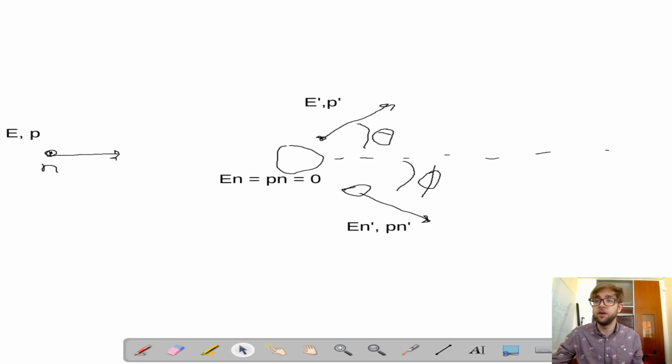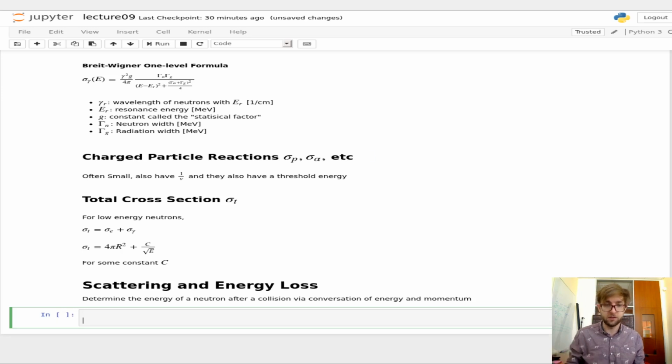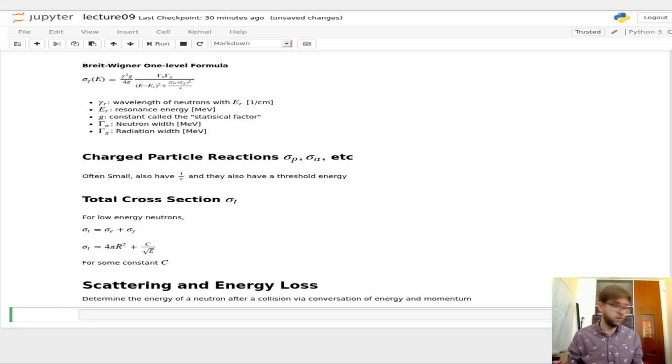From our conservation laws, we know a couple of different things. First, from conservation of energy, the energy of the neutron plus the zero energy of the nuclide is equal to the value afterwards, which is E prime plus the energy of the nuclide prime.